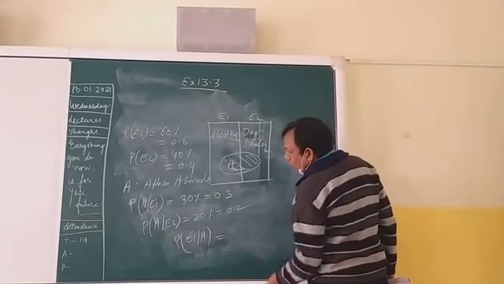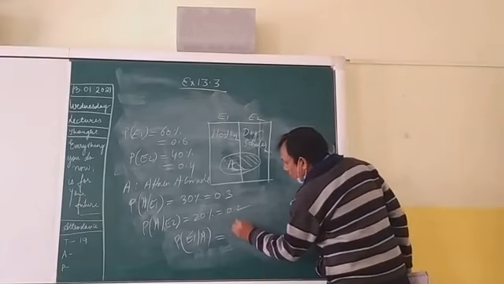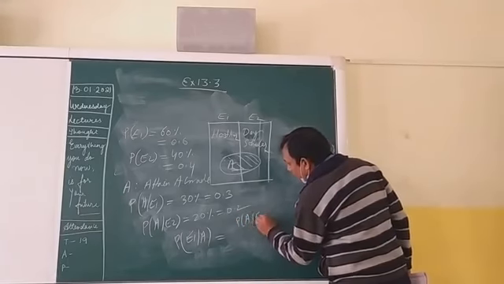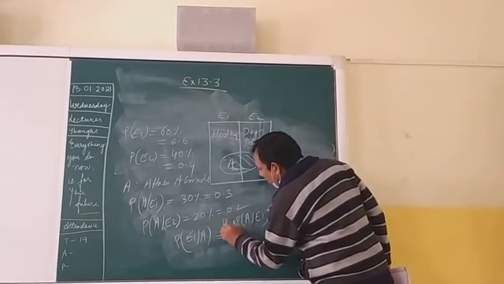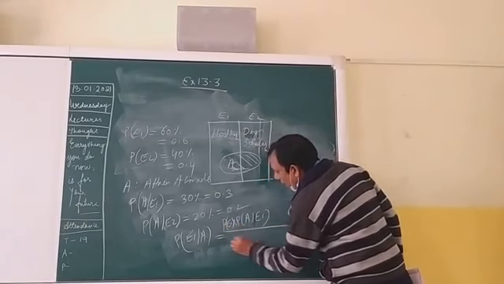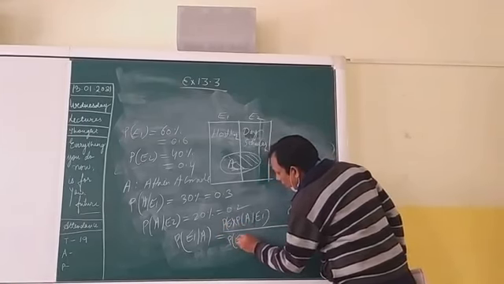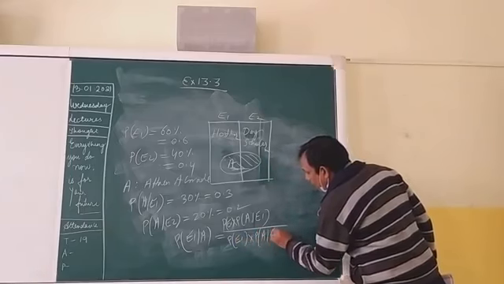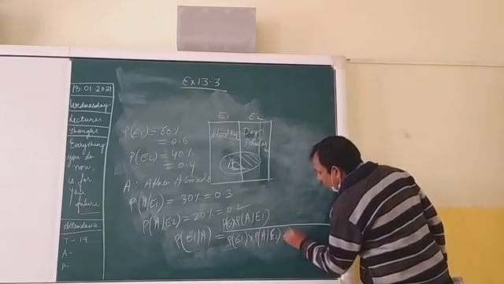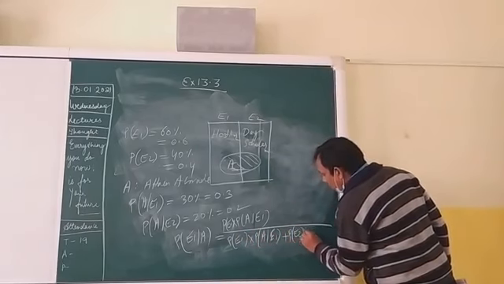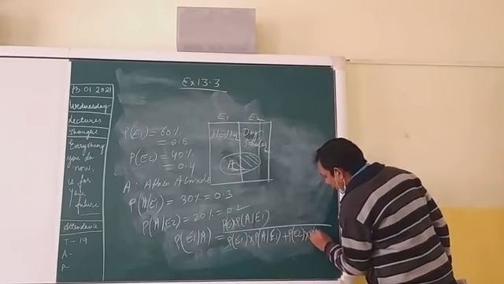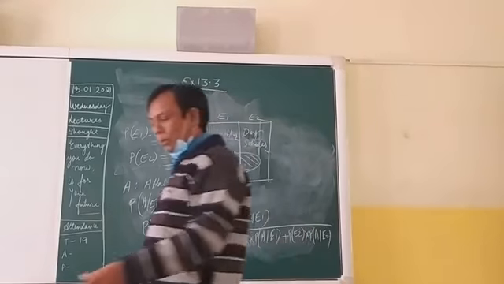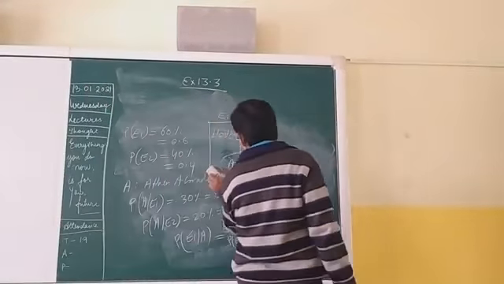According to Bayes theorem, P(E1|A) is P(E1) into P(A|E1) by P(E1) into P(A|E1) plus P(E2) into P(A|E2). Now we have to put the values and solve.